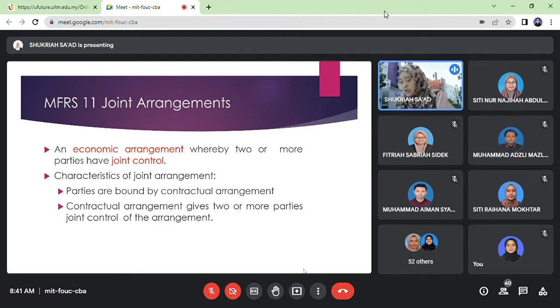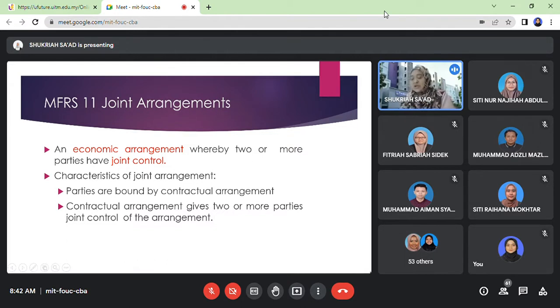So when we say economic arrangement, the concept still remains as holding and subsidiary, where we have investor and investee. In this case, an investor may be a party or a member, because here they are using the word parties.